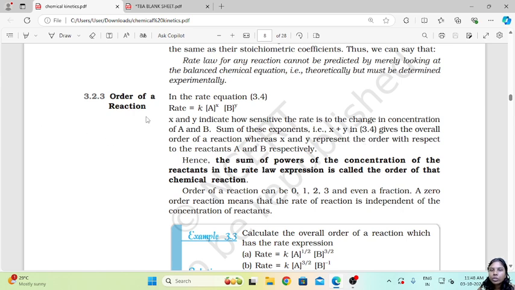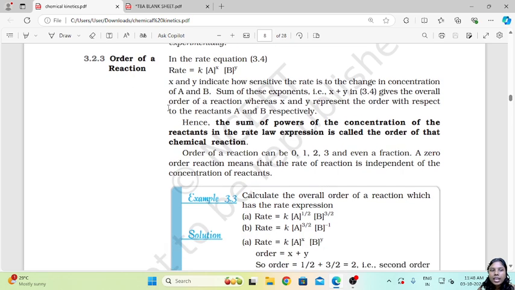So if we have to define the order of a reaction, it is simply the sum of the powers of the concentration, that is the addition of the X and Y powers of the reactants in the rate law expression.